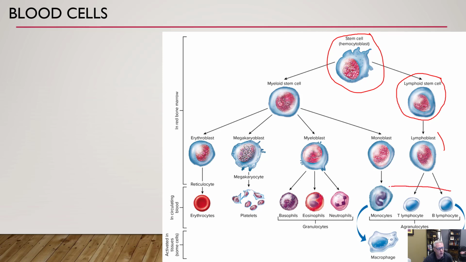So your monocytes, your T cells, and your B cells. So your lymphocytes. And then we also have your myeloid stem cells, which are going to give rise eventually to your red blood cells, some more white blood cells, and we can see the pathway here.